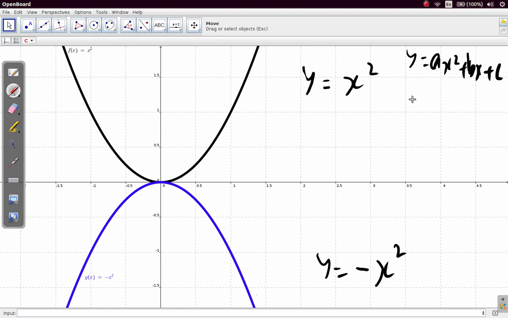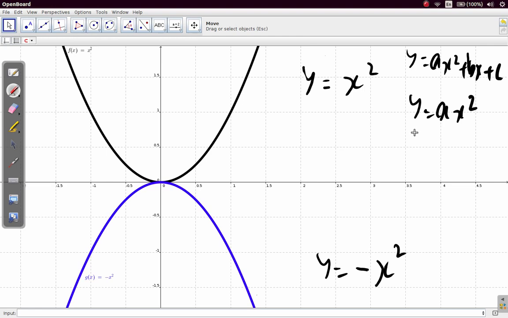So all we have is y equals ax squared. The coefficient of x squared is a, meaning the number that multiplies x squared is a. Whenever the number that multiplies x squared is positive, we have this shape, and we have a minimum value and no maximum value.